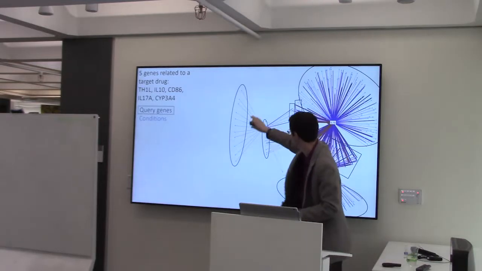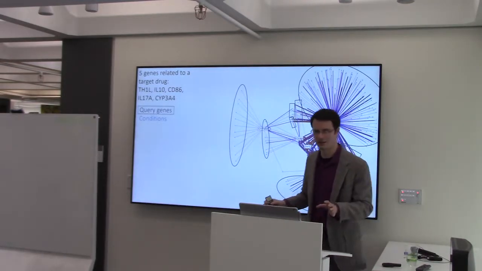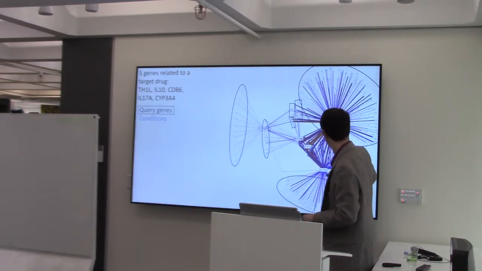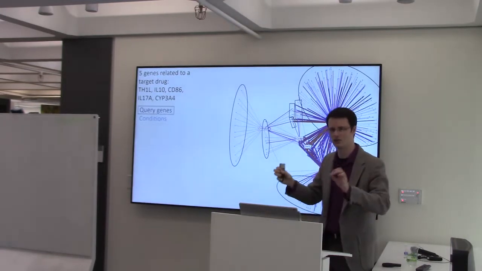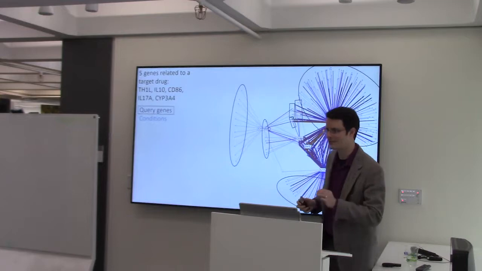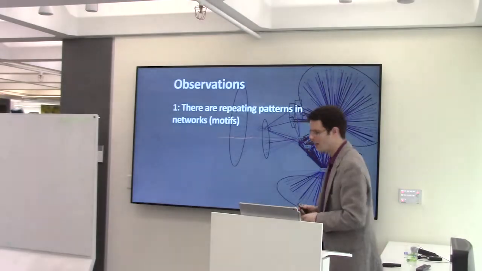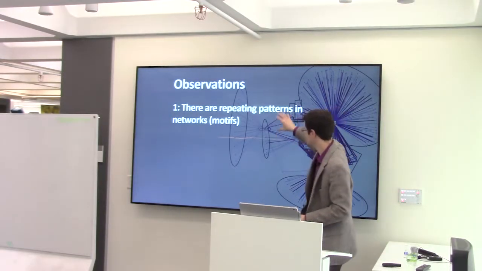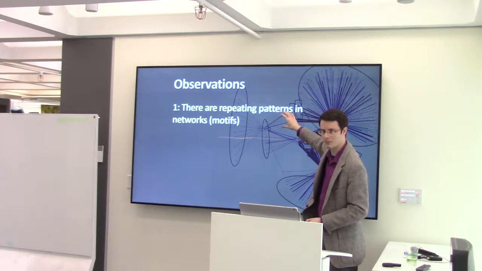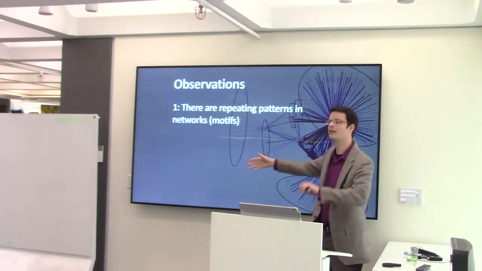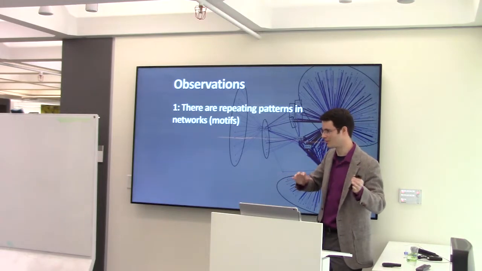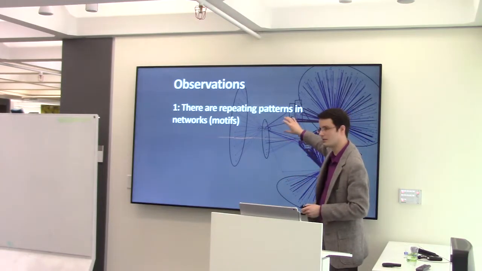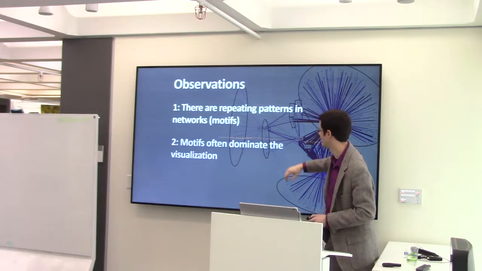Likewise, down here, we have these singly connected conditions. And then in the middle, we have these groups of nodes that are connected to 2 or 3 genes in very similar patterns. And so one of the first observations is we've got these motifs, these regular repeating patterns in the network. A little bit different from how people think of motifs like with protein-protein interaction networks, but I'll get to more explicit definitions in a sec.